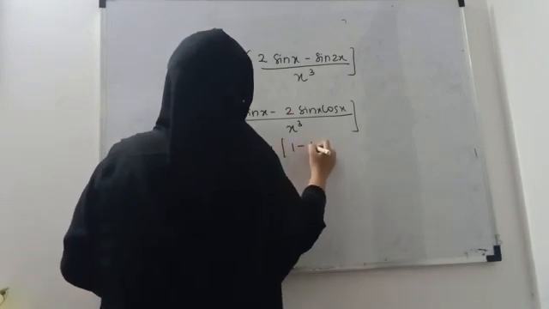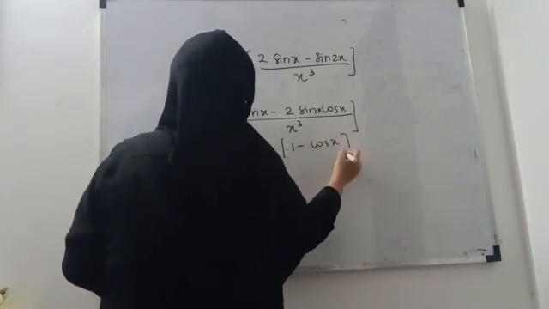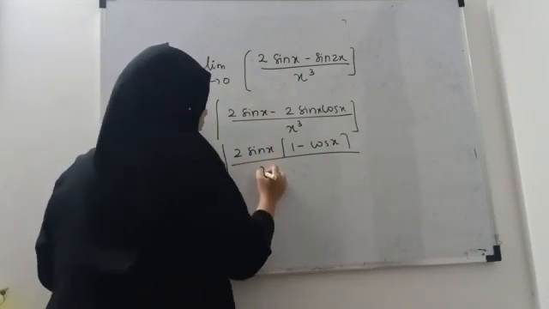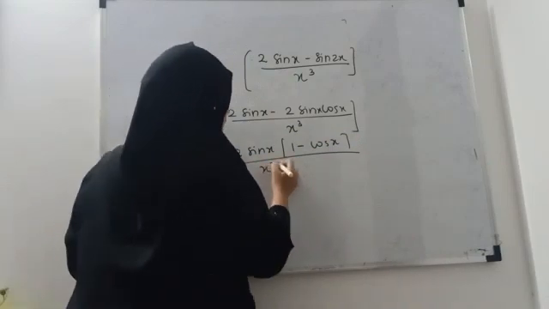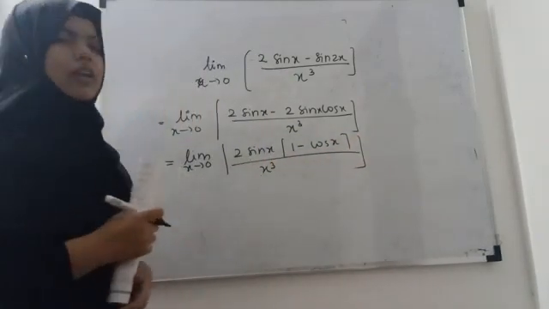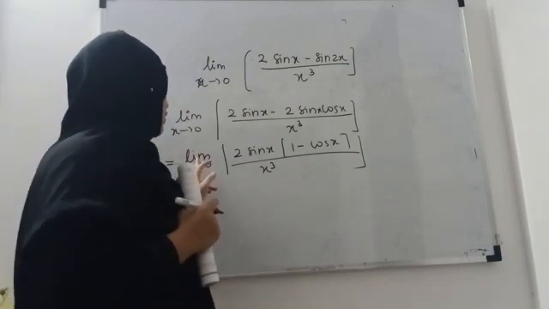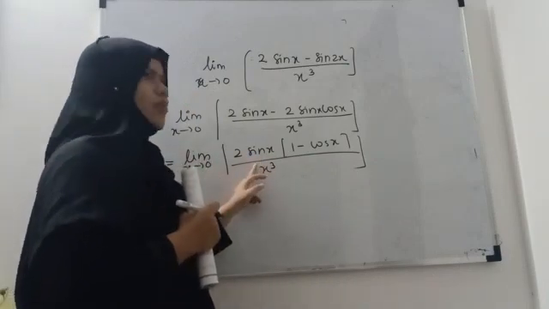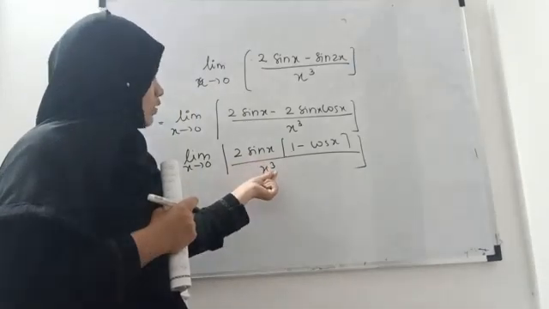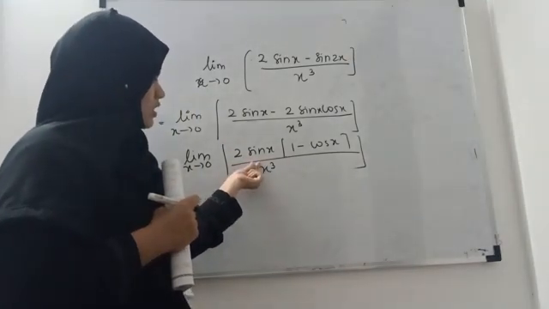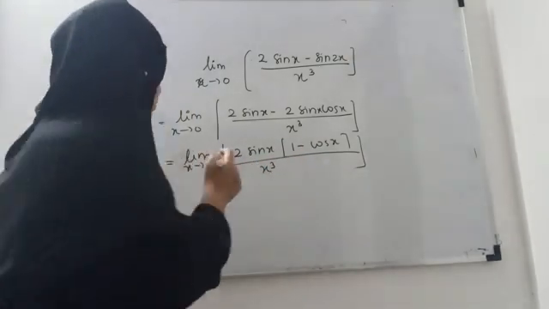So we're left with 1 minus cos x upon x cube. Now we know that the value of limit x tends to 0, sin x upon x is equal to 1.